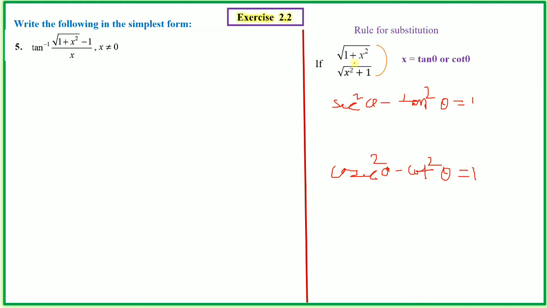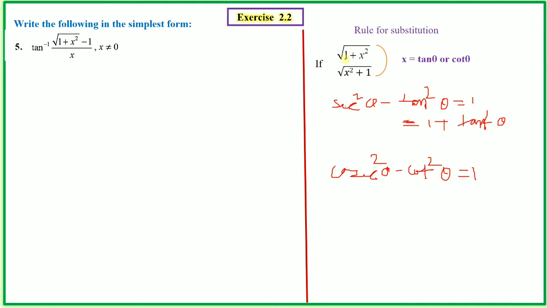Because it is 1 plus x square, we will transfer this tan square theta to the right hand side, so it will be 1 plus tan square theta. When it is something like that, 1 plus x square, that is our target. So we will substitute x is equal to tan theta, so then this will become 1 plus tan square theta.